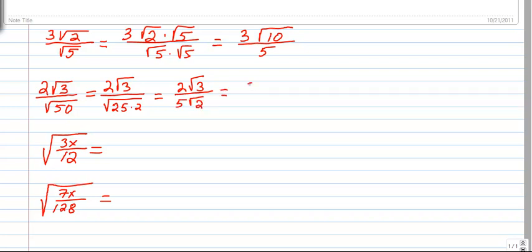And now, in order to rationalize the denominator, we are multiplying both the numerator and the denominator by radical 2. So this is our arrangement. In the denominator, radical 3 multiplied by radical 2 is radical 6.